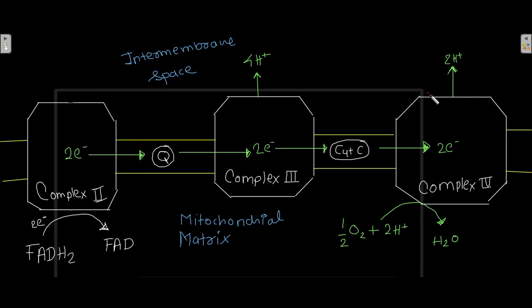I wrote 4 protons there, but it was 2 protons. So complex 4 is transporting 2 protons. So this FADH2 is responsible, as you can see, for the transport of 6 protons, and the NADH was responsible for the transport of 10 protons. So that's all. Thank you.